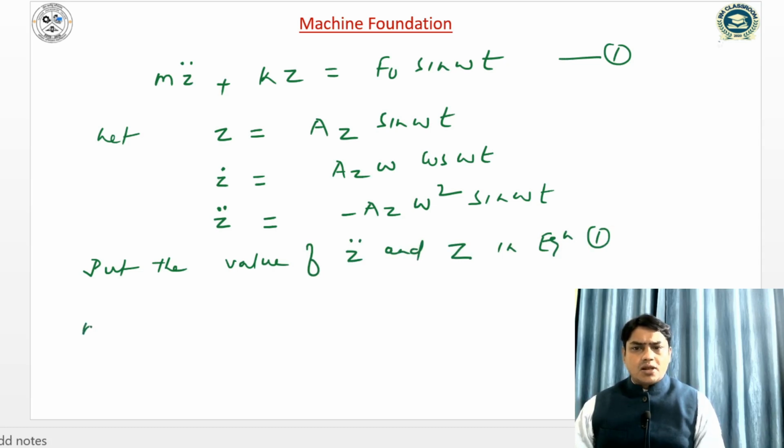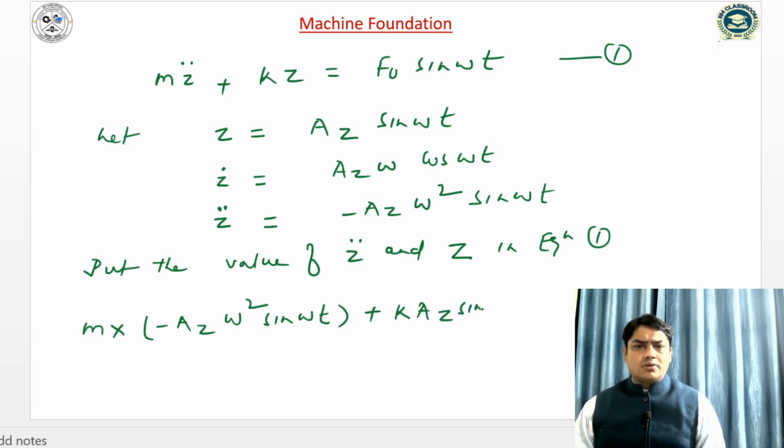So it will be m into minus Az omega square sine omega t plus k into Az sine omega t is equal to F naught sine omega t. Sine omega t is common, so it will be cancelled.